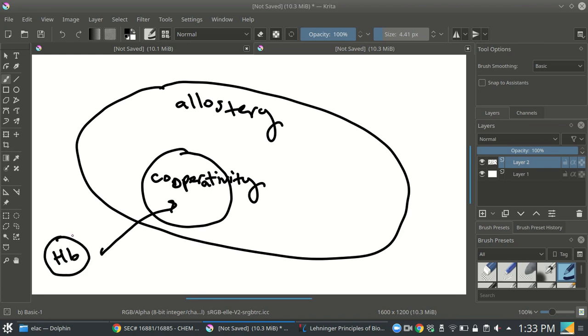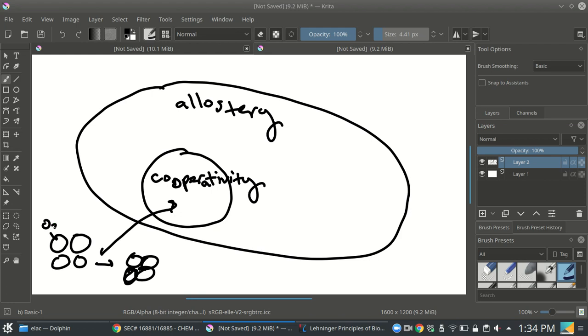All right. So let me draw it as the relaxed and the tense states. The T and the R states. So in this state, oxygen binding is very weak and oxygen comes off very easily.